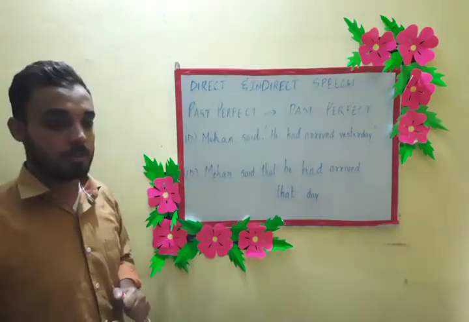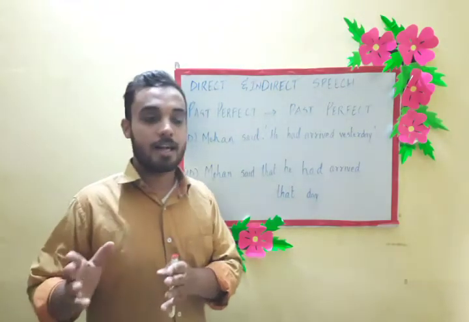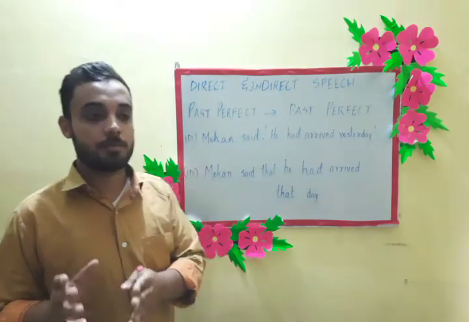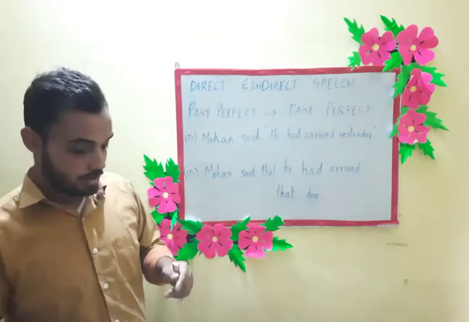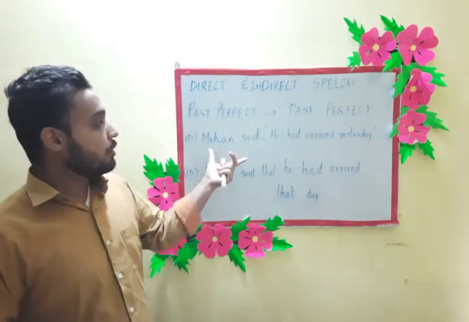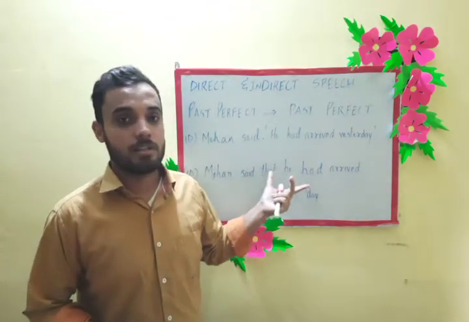What is past perfect? Past perfect simply tells you that an action had been completed at a given time in the past. All of you know how to write direct speech.